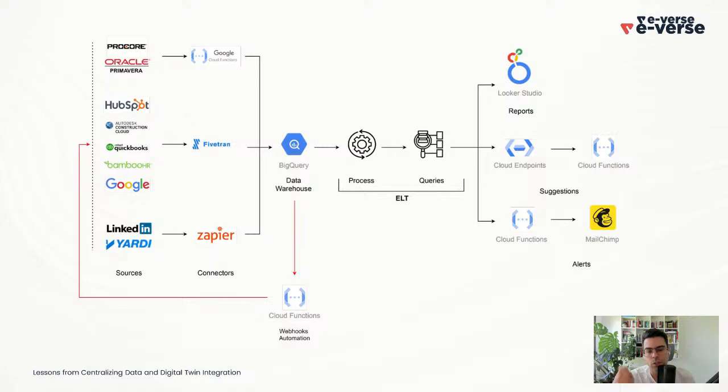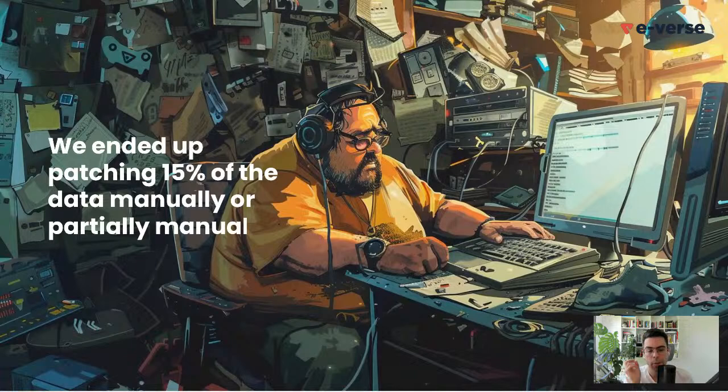And it was interesting because this automation saved a lot of time for the client. But the reality is that we ended up patching 15% of the data manually or partially manually. When you're migrating data, one thing is when you have clear standards and you're prepared for it, and the other thing is when you have never done this and each platform or each project has different standards.